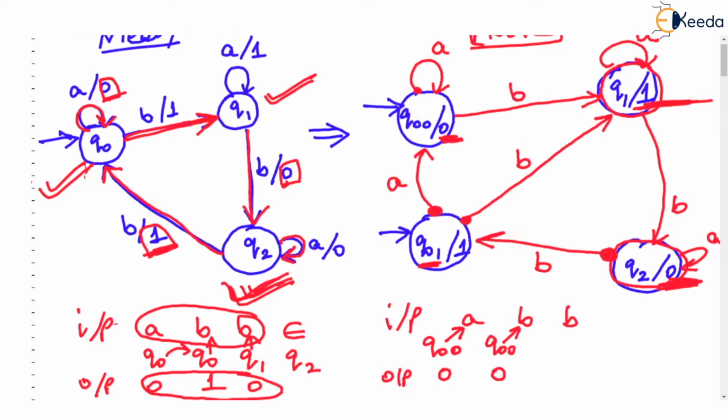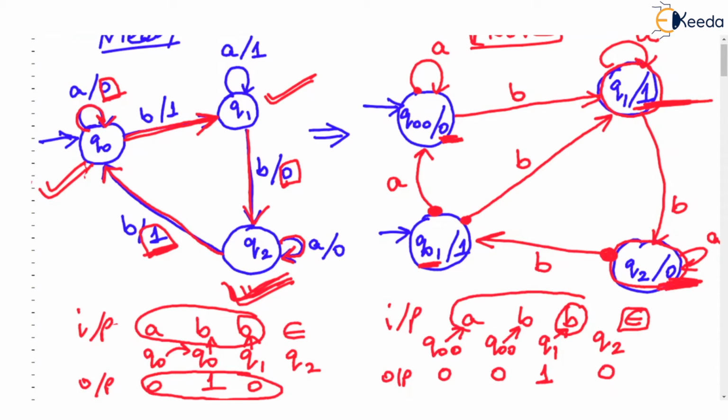Now Q00 reads B. When Q00 reads B, it goes to Q1, but it outputs 1 because the machine is in the Q1 state. And in Q1, when the machine reads this symbol B, it goes to Q2, but outputs 0 because the machine is in the Q2 state. And after that, we have epsilon, which marks the end of the input, so the machine stops.